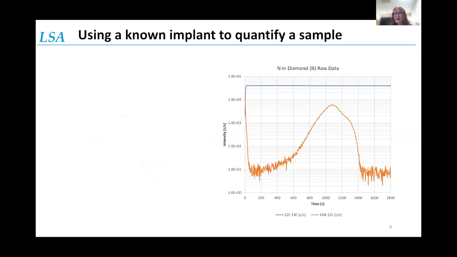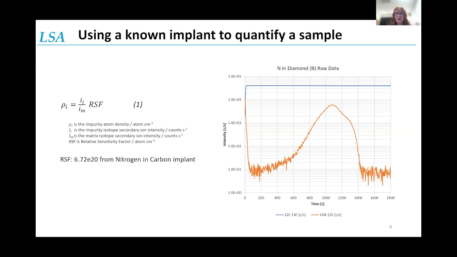Then if we have an unknown sample with an unknown amount of nitrogen dosed into diamond, having run this sample under the same conditions as our implant, which has a known dose, we can then use this equation to work out how much nitrogen has been implanted into this sample.